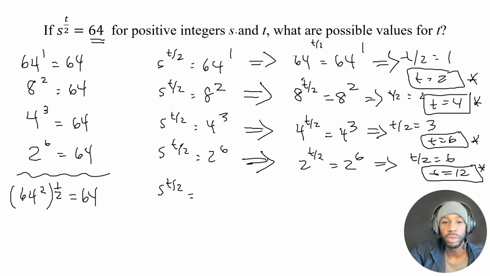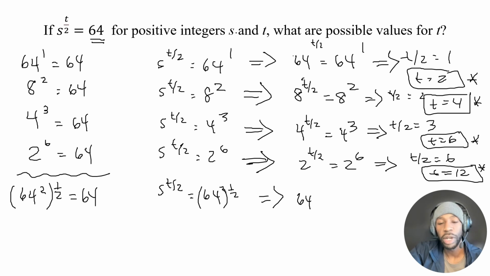So if s to the t over 2 is equal to 64 squared to the 1/2 power, then substituting, this would be 64 squared to the t over 2 is equal to 64 squared to the 1/2.